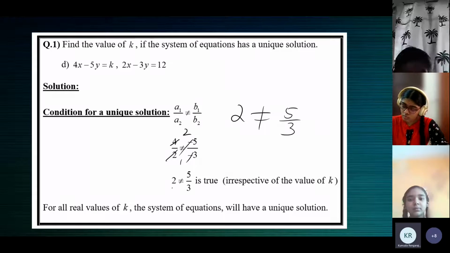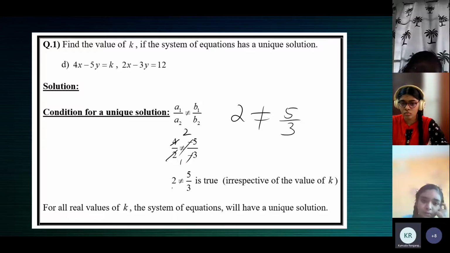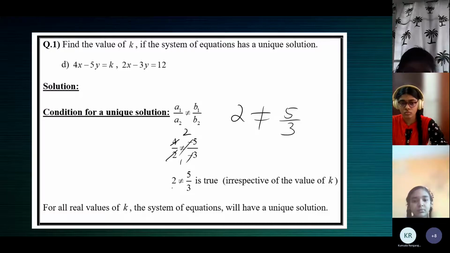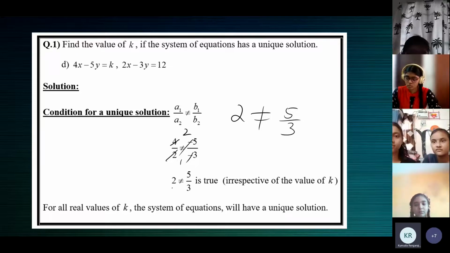Whatever be the value of k, this system of equations will have a unique solution, because you can see that straight away. Where is k? In C1. And C1 does not play any role in the condition for a unique solution.